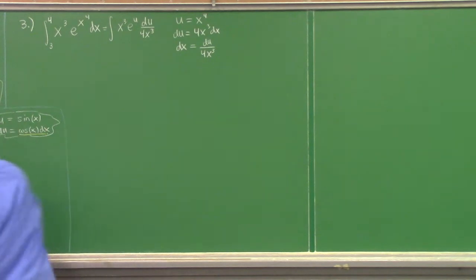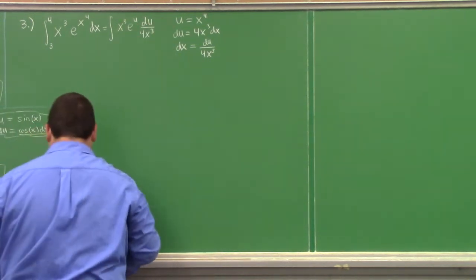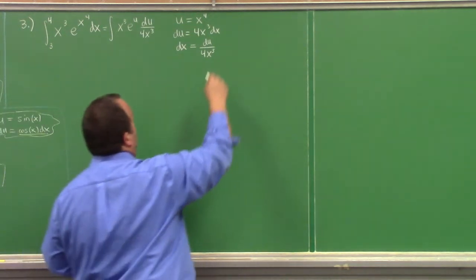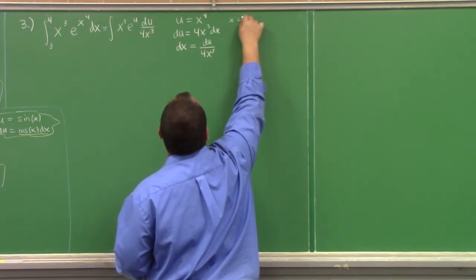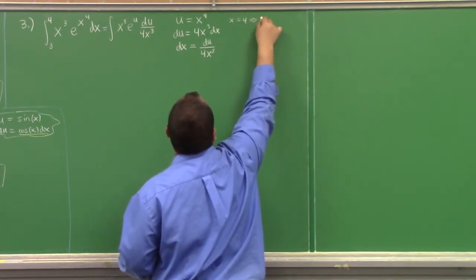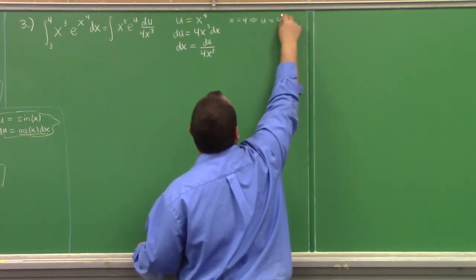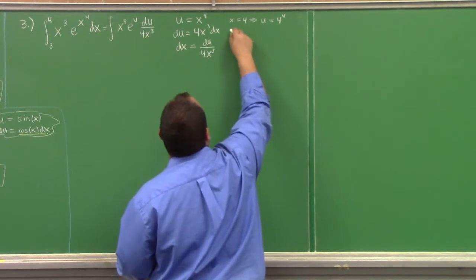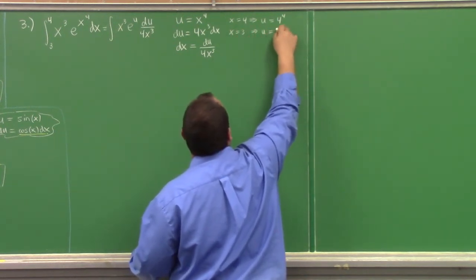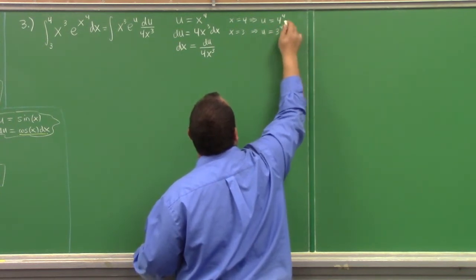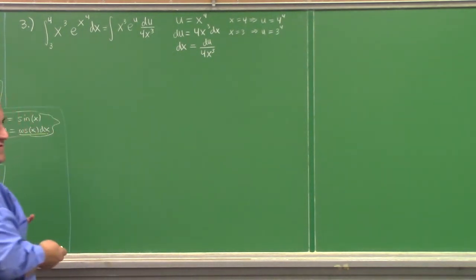But what about the bounds? Yeah, x equals 4 implies u equals a big number, 4 to the fourth, right? And x equals 3 implies u equals 3 to the fourth power, right? And what are those numbers? 16 times 16?